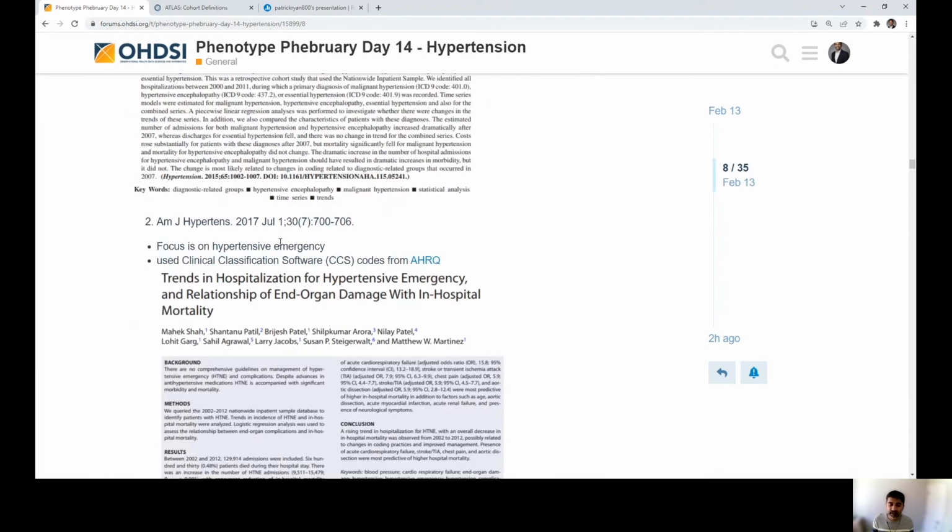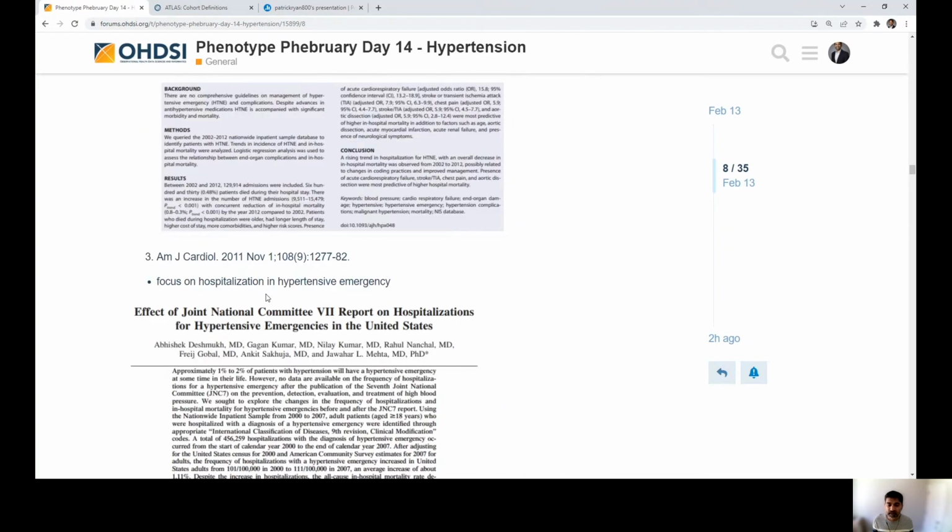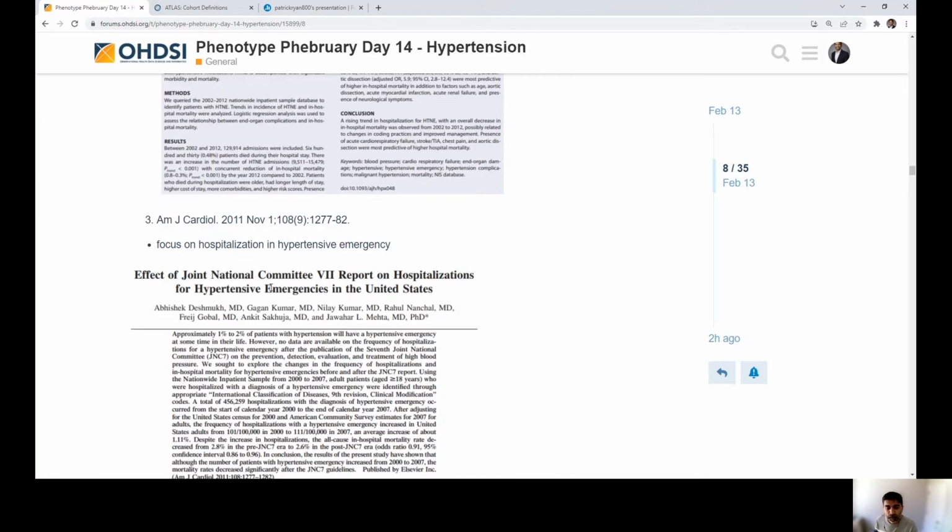Then we found another article in the American Journal of Hypertension that also focuses on hypertensive emergency. But for this, they use the AHRQ CCS software as a source of codes. There's another article in the American Journal of Cardiology, which focuses on hospitalization in hypertensive emergencies.